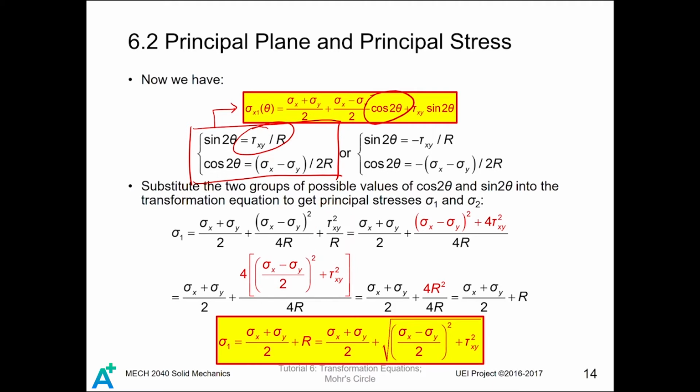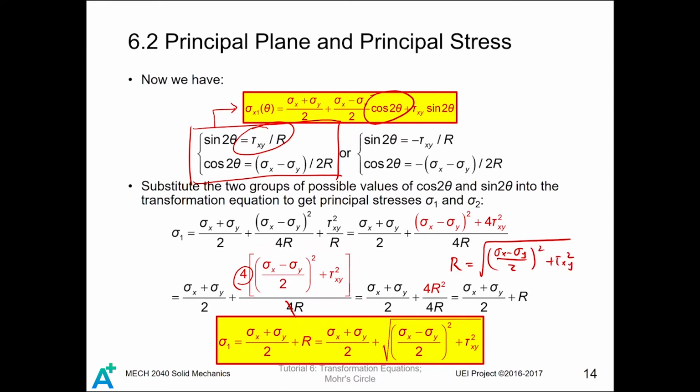We further simplify this expression by grouping those two terms with the same denominator. Then you can have this expression. Finally, we take 4 out of this term such that it can be cancelled with the denominator. Then the thing left in this bracket will be something like this. However, what is R? Just now we said R equals the square root of sigma x minus sigma y divided by 2 squared plus tau xy squared.